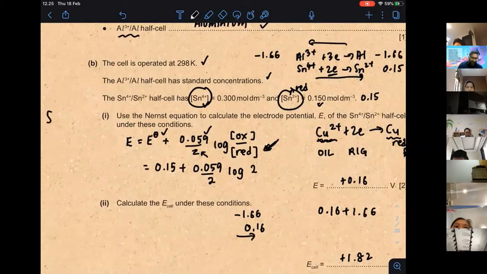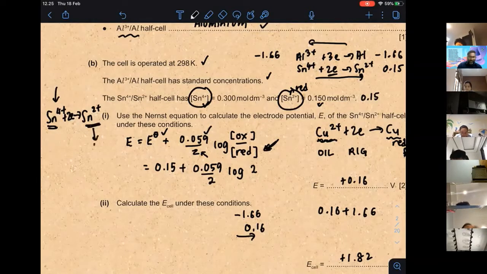In that sense, you need to write down Sn4+ plus 2 electrons to give you Sn2+. You can see that this is adding electrons, so it's gaining electrons. This has been reduced. The Sn4+ is reduced to become Sn2+.